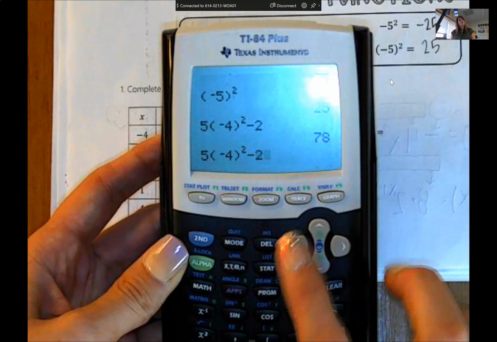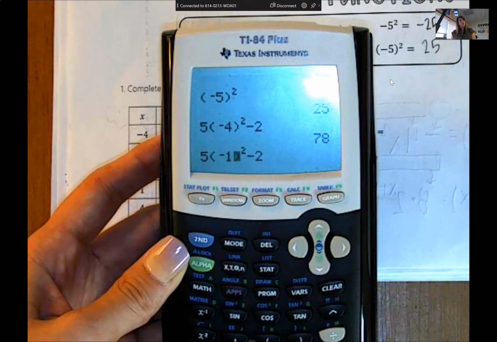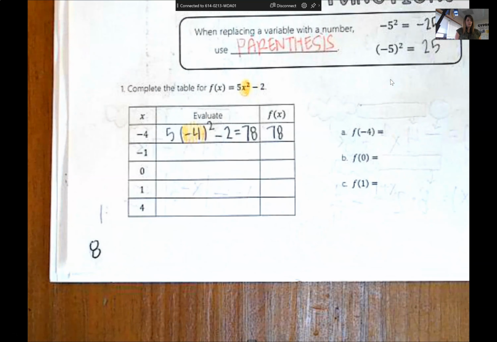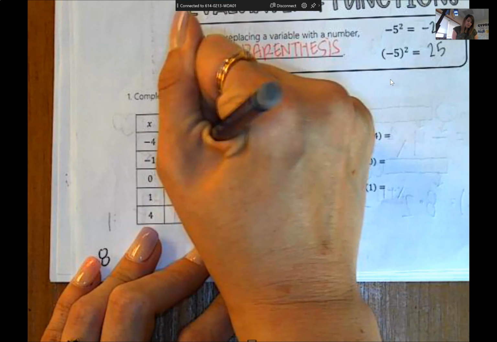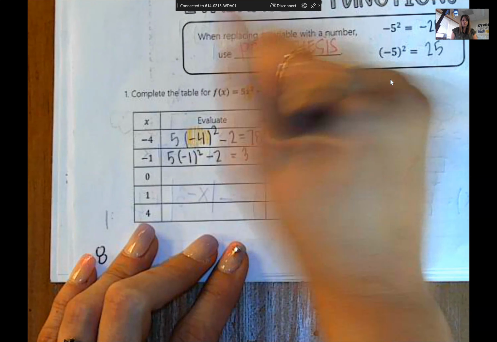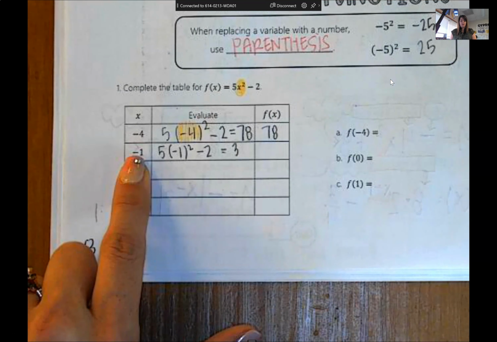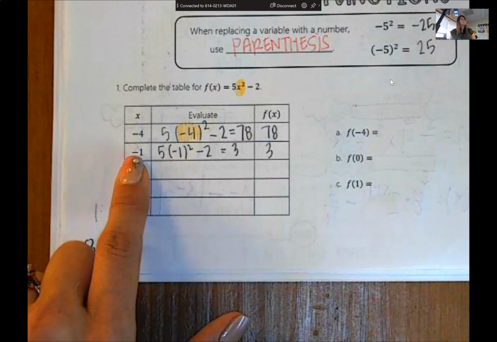Then you can arrow over and just change that 4 to a 1. So if I plug in a -1, my function gives me +3. So this one looks like f of -1 squared minus 2 is equal to 3. So when I put a -1 in my function, I get back out a 3.